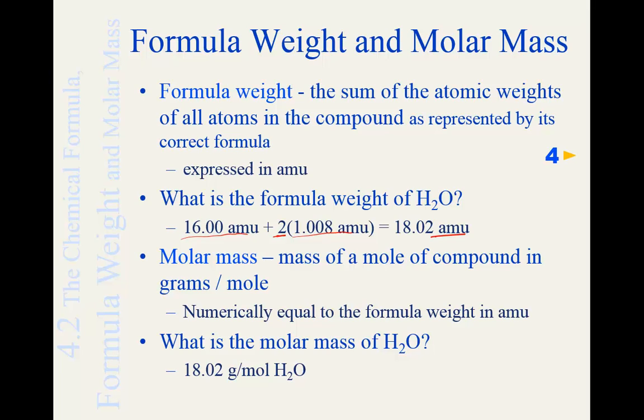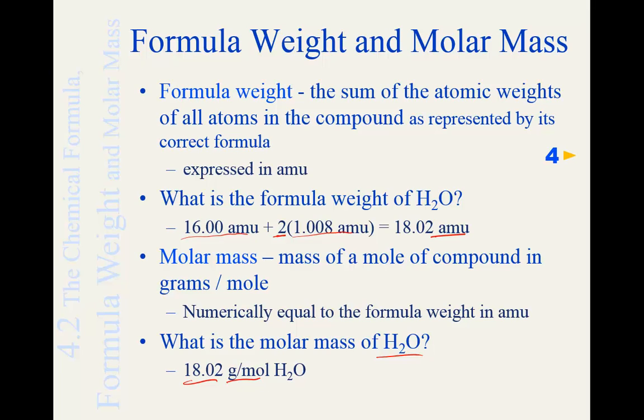The key here, though, is when we're asking for formula weight, the units for mass are atomic mass units. All right? Now, another type of mass that we will ask for is called molar mass, and that's how much 1 mole of substance weighs. All right, so if they ask us for what is the molar mass of water, you notice the number is still the same, 18.02, but the units become grams per mole.